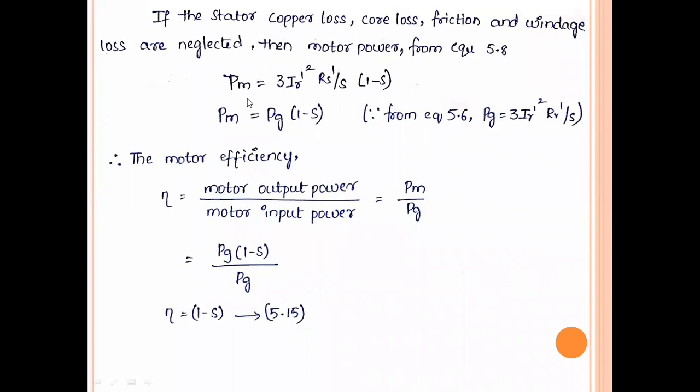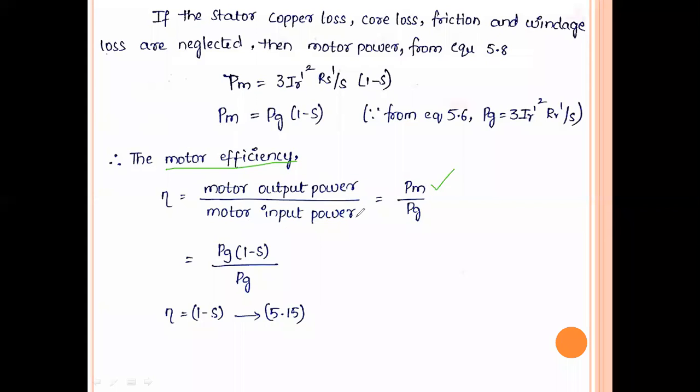So using the same 5.8 equation, in this equation, I am replacing this term with PG, because PG we know from equation 5.6. We know the motor efficiency is output by input power. So motor output power is the generated power, which is the actual power developed on the motor, which is PM.